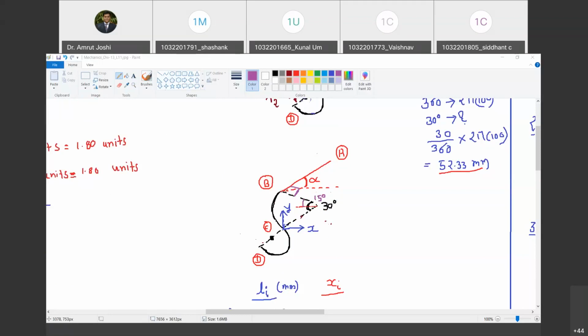Now, the angle between this radius vector and horizontal is 15 degree. So therefore, the angle between the perpendicular drawn to this radius vector and the perpendicular drawn to horizontal, that is vertical, has to be 15 degree. Do you agree with me? So therefore, what is alpha?